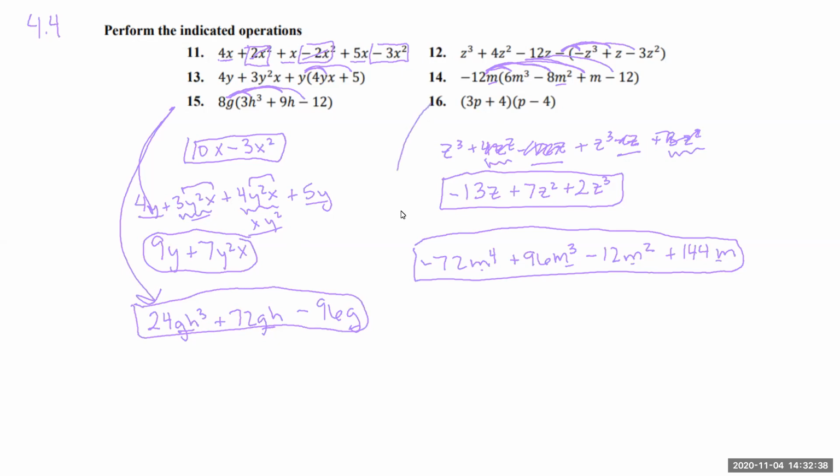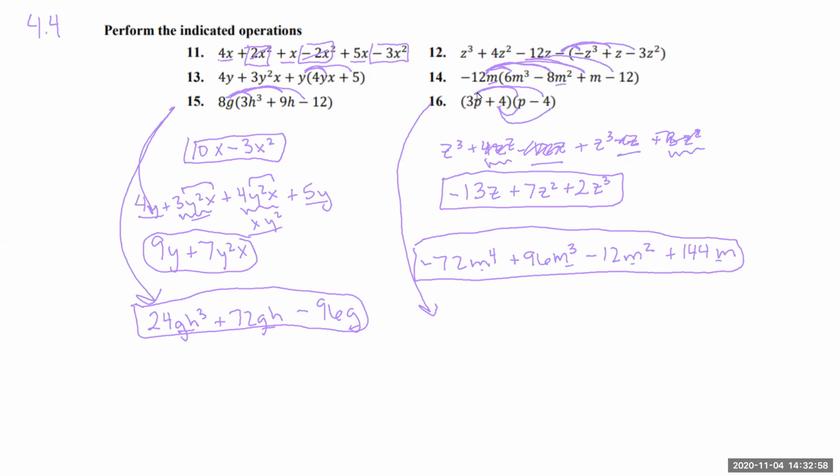Okay, and then coming on over to 16. So here we have two parentheses. So what we're going to do is we're actually going to distribute the first to the first and the last, and then the two middle ones, and then the last two.